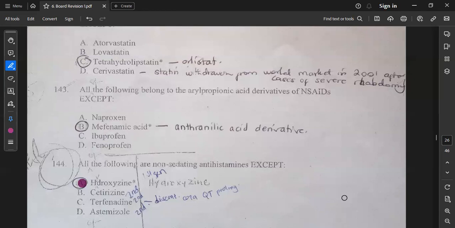All I can remember for ibuprofen, apart from it having that carboxylic acid, is that it has a propanoic acid moiety. Yeah, that's the carboxylic part of it. It's propanoic acid. That's what I remember about ibuprofen. Okay, thank you.